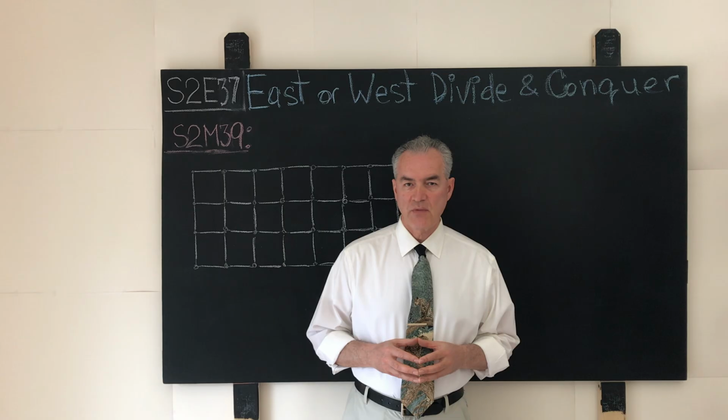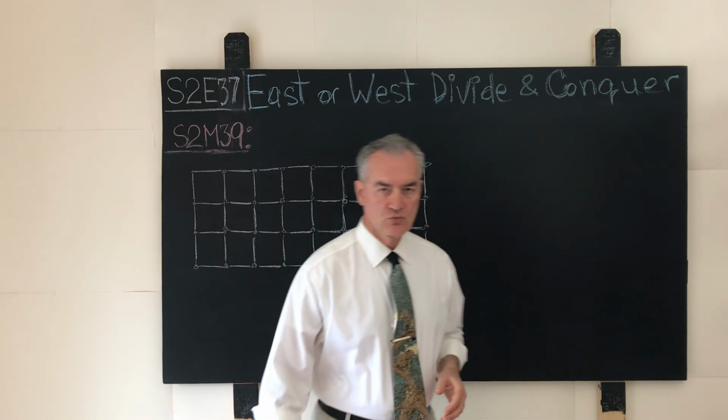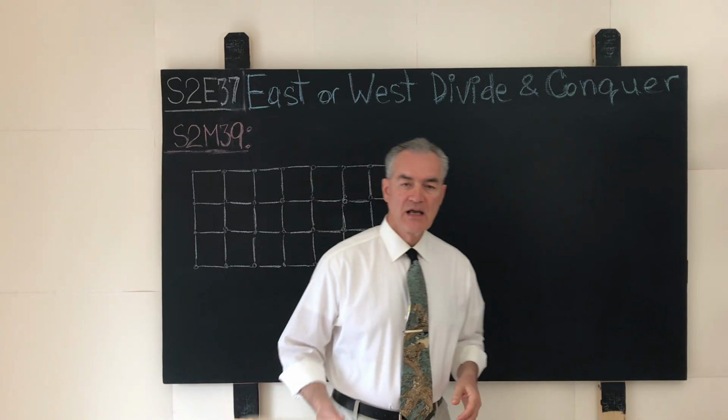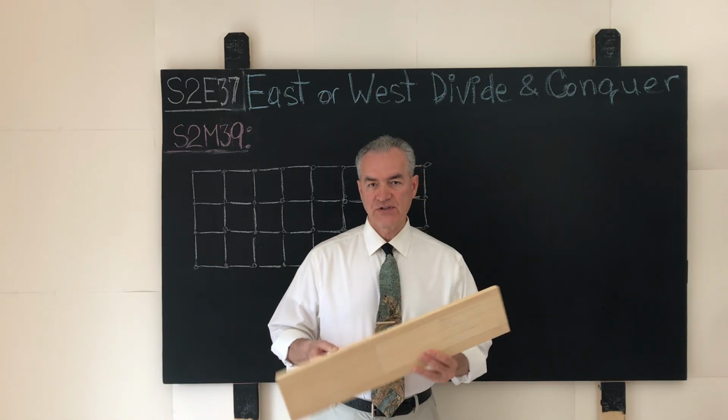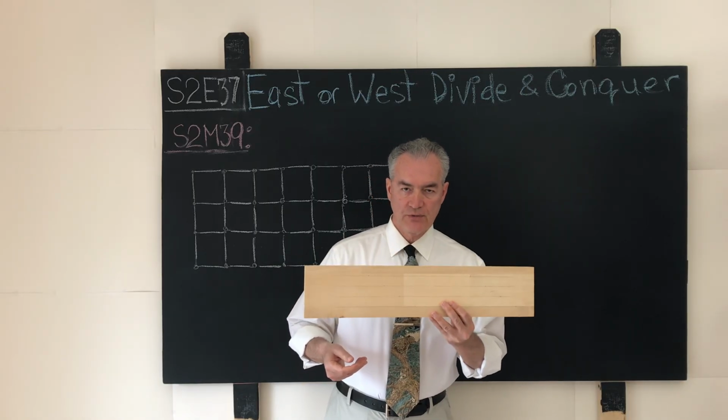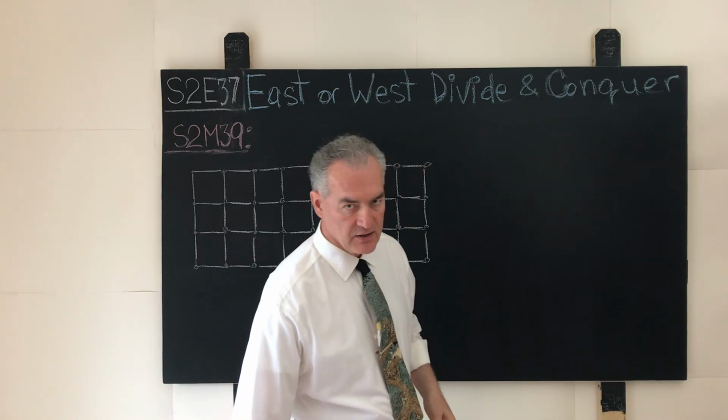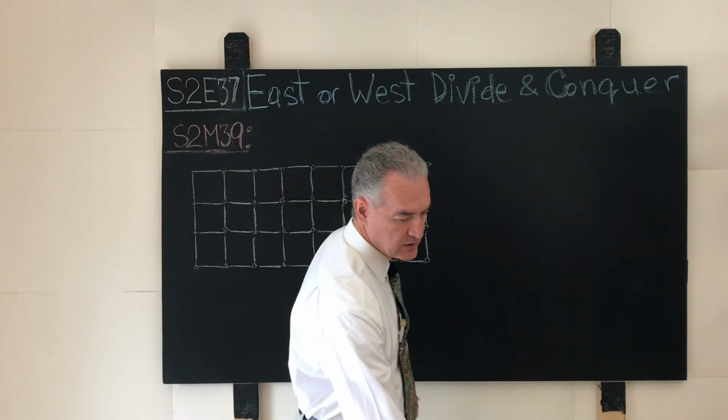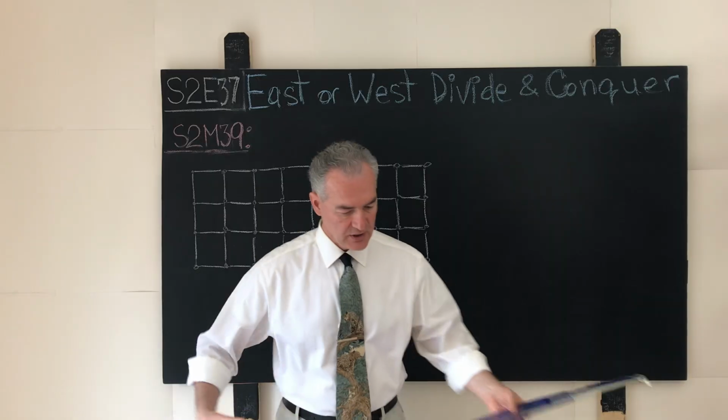Coming back to our mathematical problem S2M39, what we're given is a physical, or apparently a physical, piece of wood. If we take a physical saw, again, let me show you guys one of my saws that I have. Here we go.